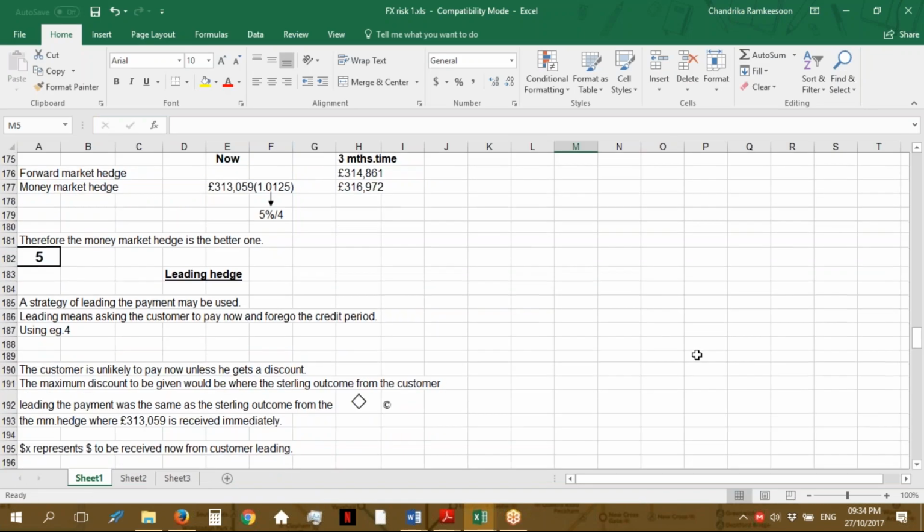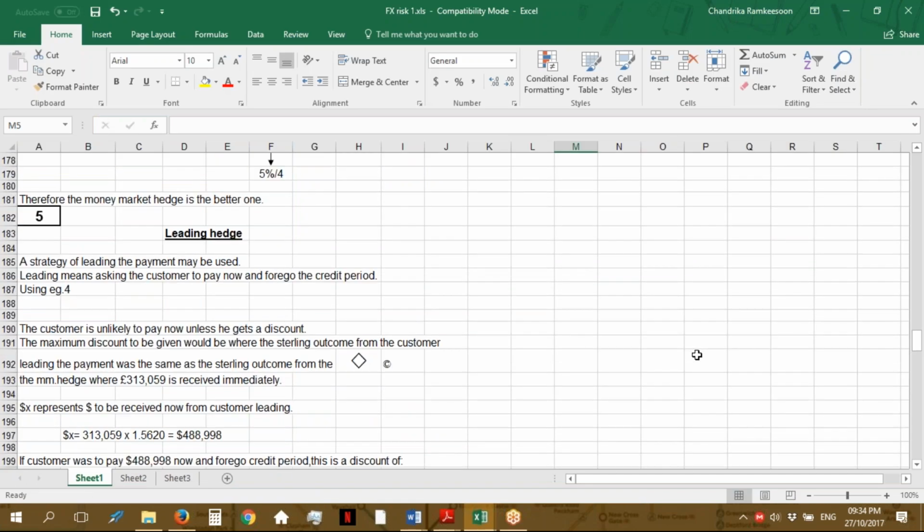Whenever you are hedging from the viewpoint of an exporter, you may create a lead and hedge instead. What a lead and hedge means is this. Rather than using the money market hedge, you decide to use a lead and hedge. If you decide to use a lead and hedge, you will not use the money market hedge.